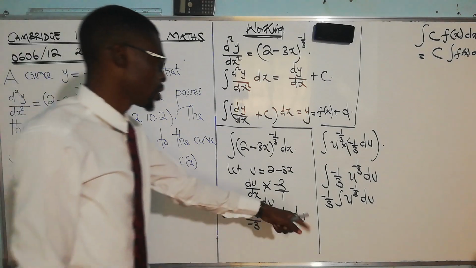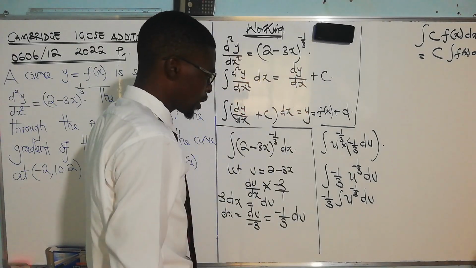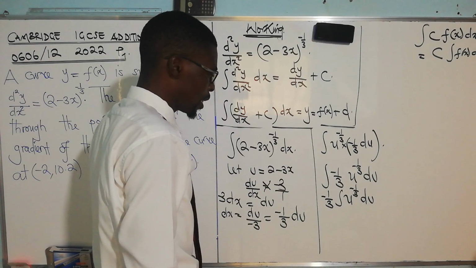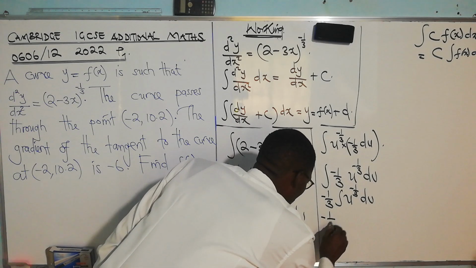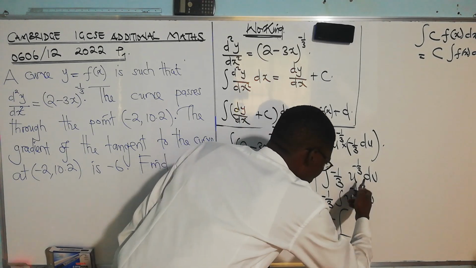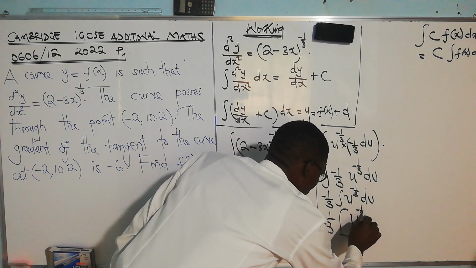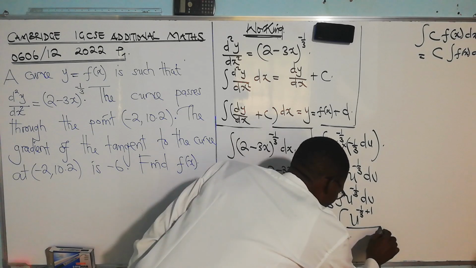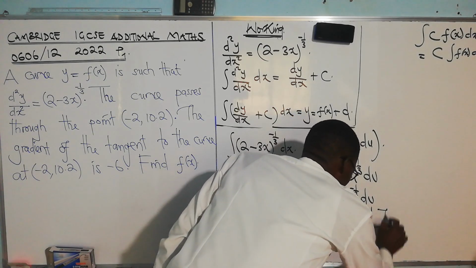Okay, so let us integrate this and see what we're going to get. So this is going to be equal to negative 1 over 3. When you integrate this one, you add 1 to the power. So you have u to the power negative 1 over 3 plus 1, over negative 1 over 3 plus 1.